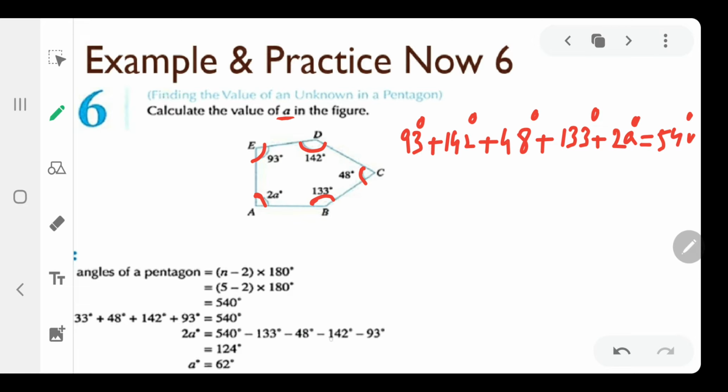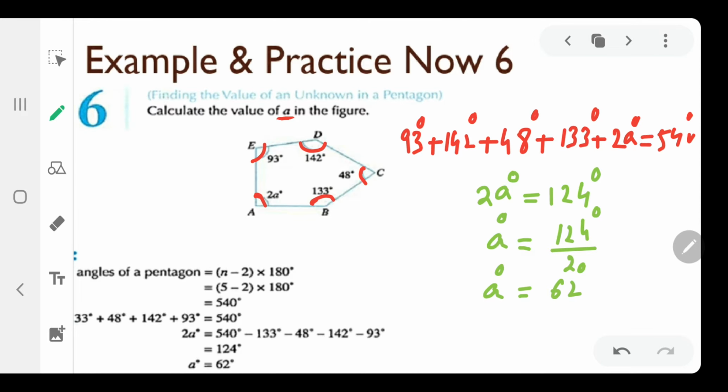So I have to add all those angles, which gives us the result that 2a is equal to 124 degree. We have to find out the value of A, so we divide the equation by 2 on both sides, so we get the value of A is equal to 62 degree. So this is the example I have solved.